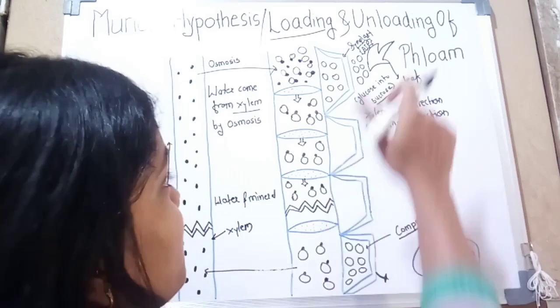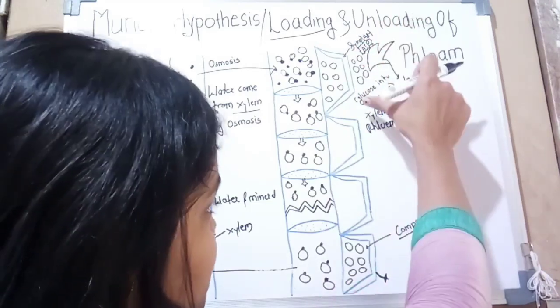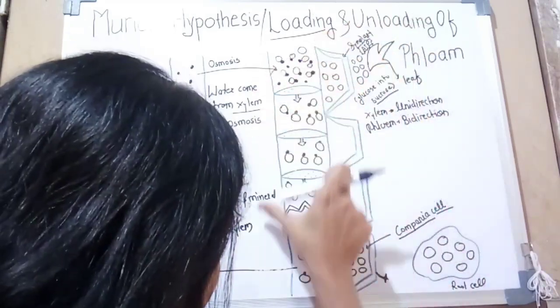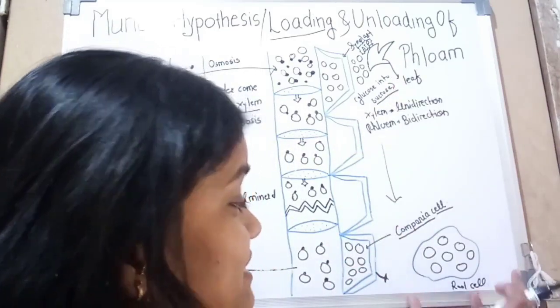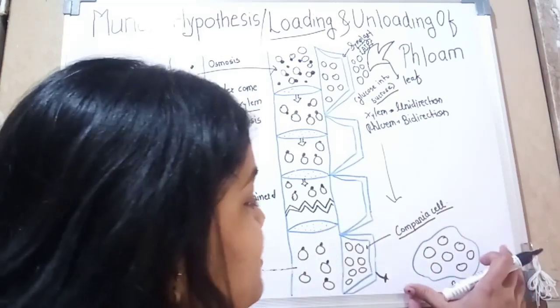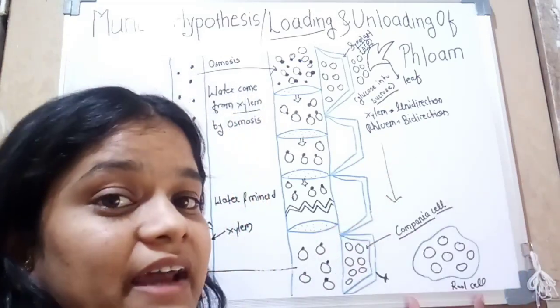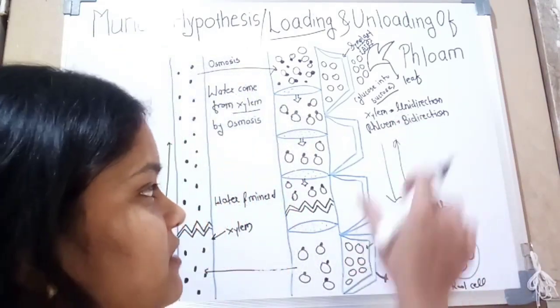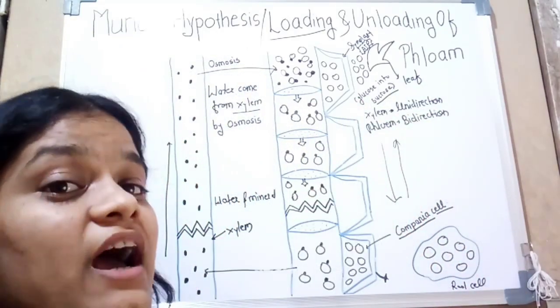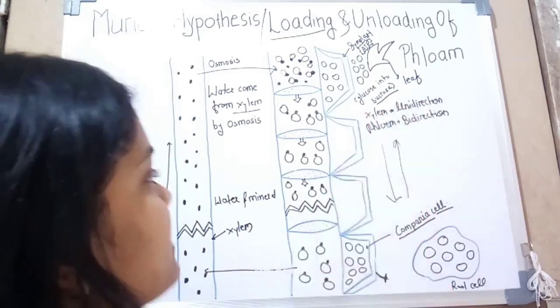It means the source, where sucrose is formed, moves sucrose along that pathway. And when this sucrose is stored inside the sink cell, this sucrose further acts as a source and moves in the other direction. So that's why the phloem is bidirectional and the xylem is unidirectional.